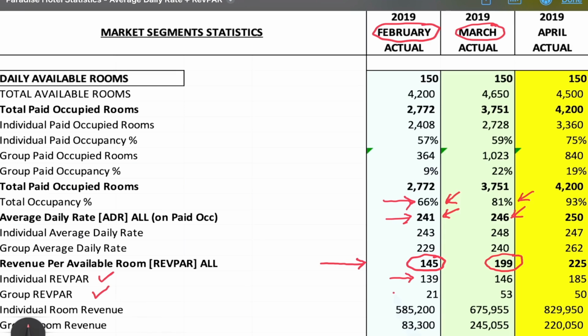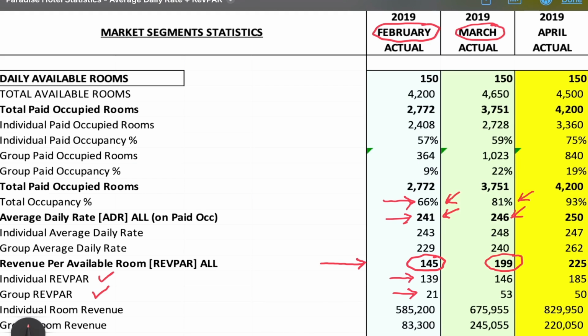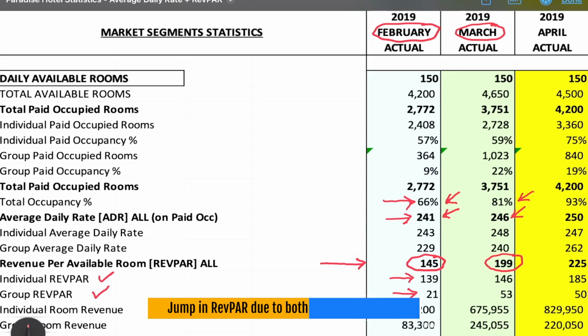On the other hand, the group RevPAR is only $21. This again underscores the importance of the individual market segment. But more importantly, as we talked about earlier, when the occupancy jumped from 66% to 81%, the RevPAR jumped by $54. And that is because both occupancy and ADR are now playing a part in the revenue generation.